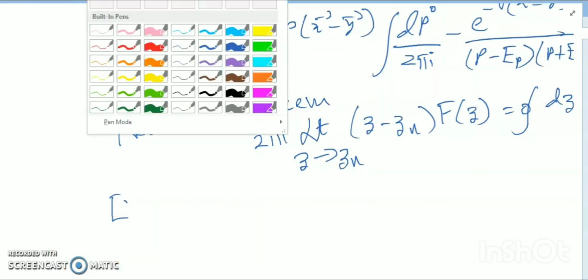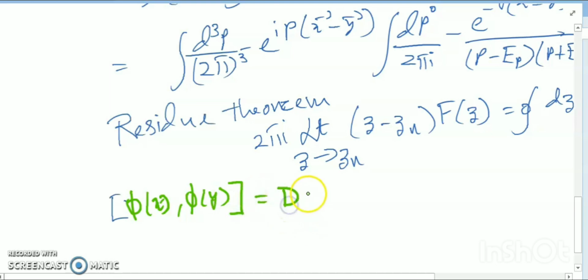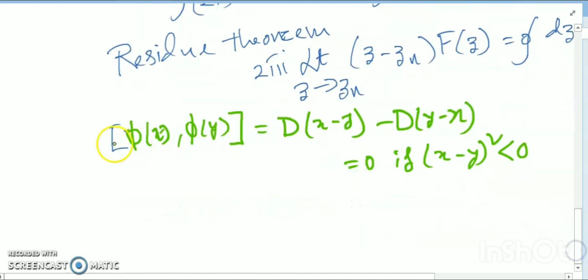This is an important note I have already mentioned in my channel, that the commutator of phi x and phi y can be written as D of x minus y, no problem, no issue, and D of y minus x equals to 0 if x minus y whole square is less than 0. I have already told this, but I think you forgot this portion. This is the property, recall.